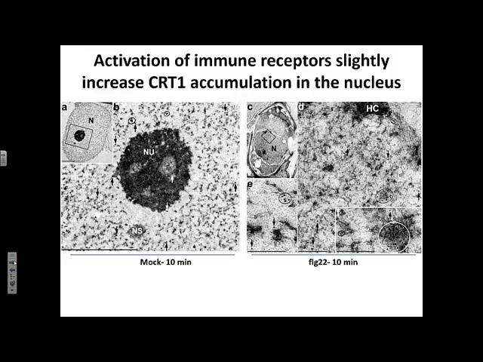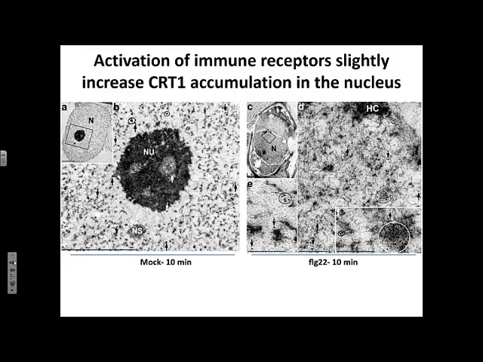Here we're using it in the TEM, transmission electron microscope. So here's the zoomed out portion, and this box just shows where that is being highlighted, and this is mock treated. And we found that there is an occasional localization of CRT1. This is the immunogold indirect labeling.